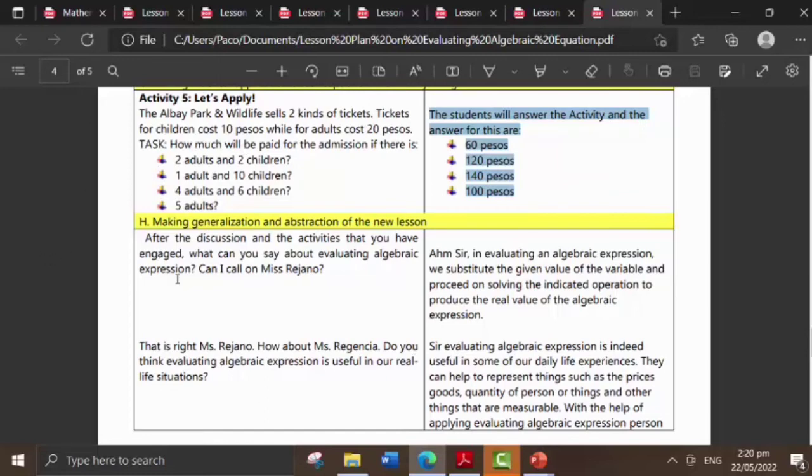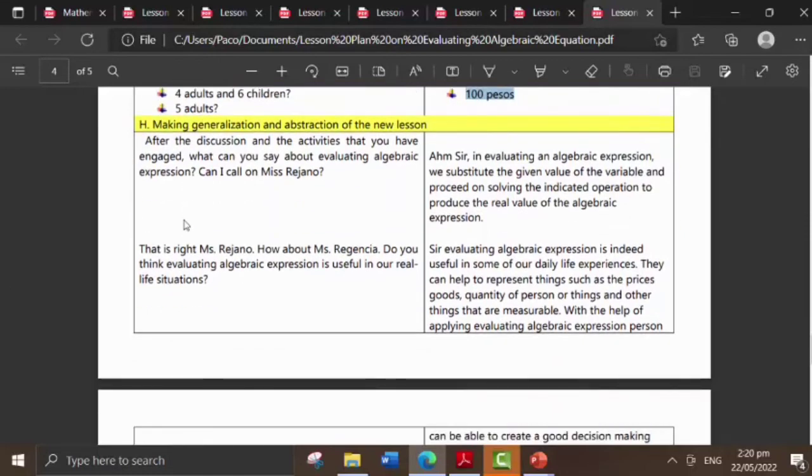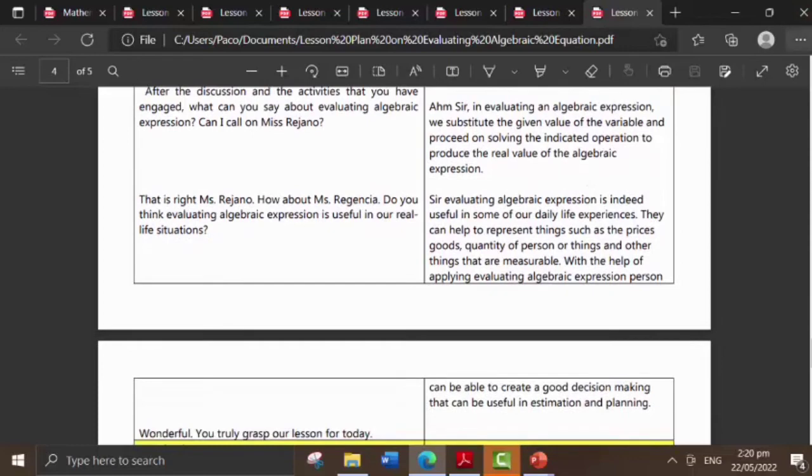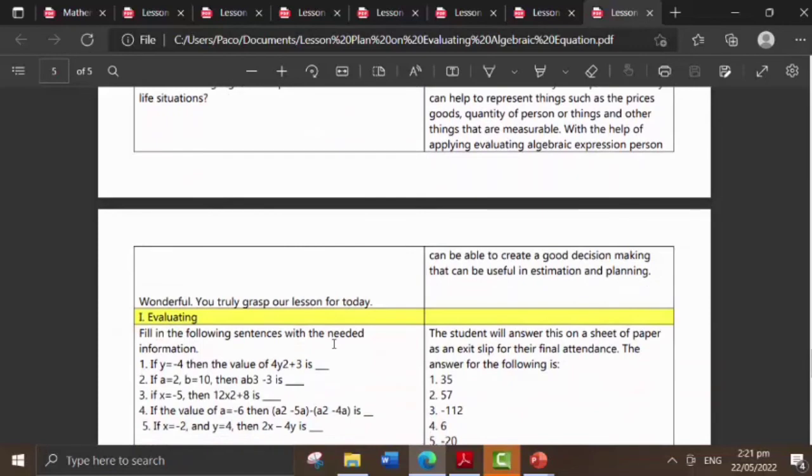So here, you are going to pose some questions, or you can ask them about what they have learned and what they have realized throughout the discussion, and for every question in the teacher's activity column, there should be a response from the student in the student activity column.